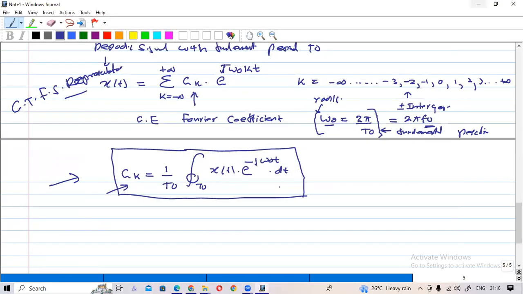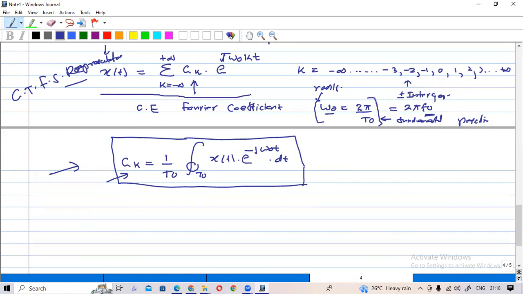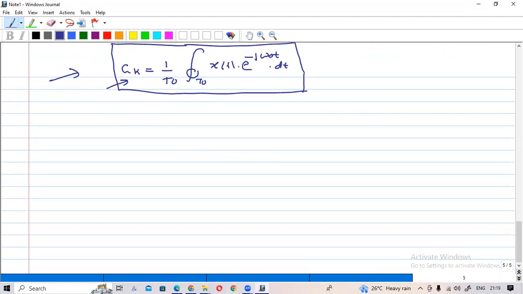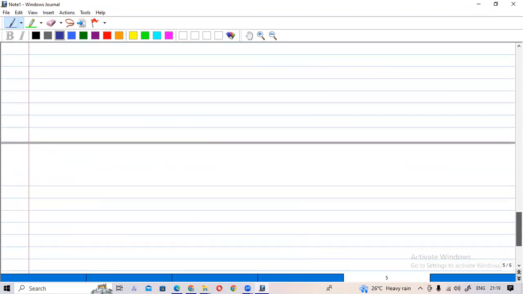So that is the practical part. You can write any signal as a collection of complex exponential terms like this. Then if you add those components, you will have that same signal. So that is practically verified.